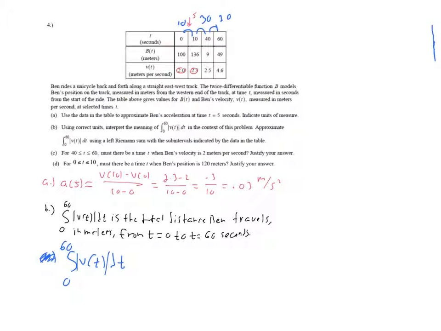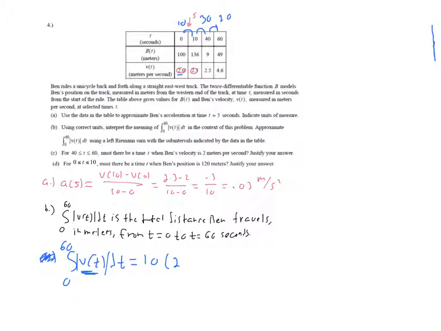And it's a little bit tricky because, again, there's so many values here. But if I'm using a left Riemann sum, these are velocity values. So the velocity value on the left of 0 and 10 is 2.